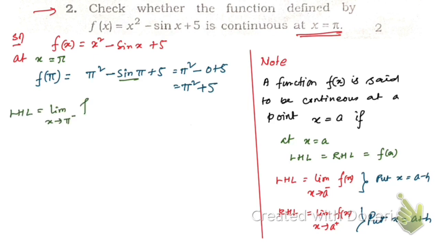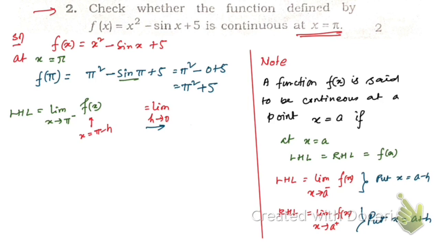Now find the left hand limit. So x tends to pi negative, that means the left hand limit of f of x. So limit, here you see, h tends to 0. Here in f of x we are going to put pi minus h instead of x, because you see here we have written h tends to 0. So why h tends to 0?